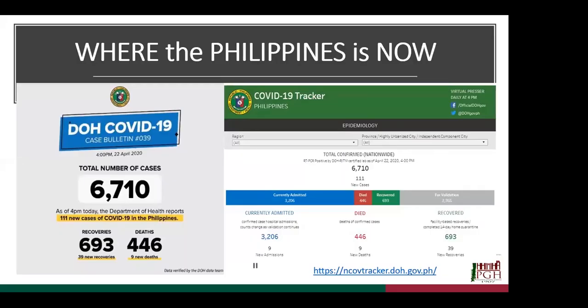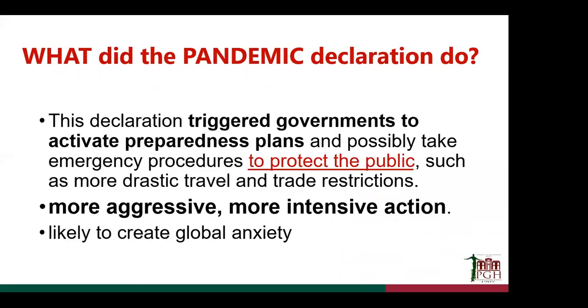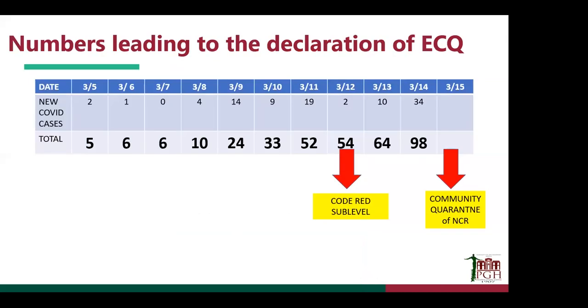And this is where we are now. We're up to 6,000 plus cases. And this was what happened that led to the very untraditional strategy of the government to impose a lockdown.